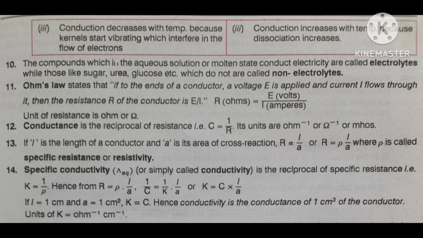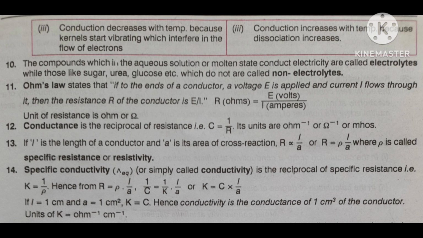Its unit is per ohm or mho. Then conductance is the reciprocal of resistance, that is C is equal to 1 upon R, and its units are per ohm or mho. Now the next term is resistivity.